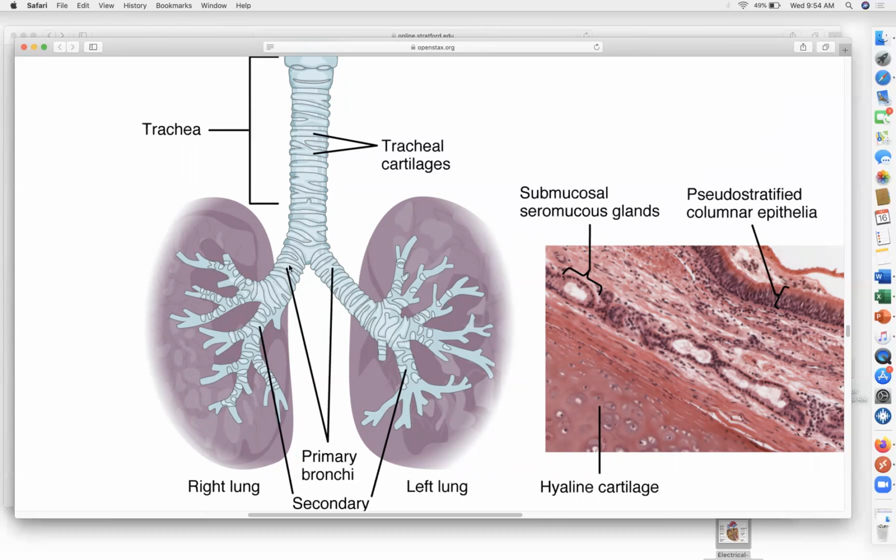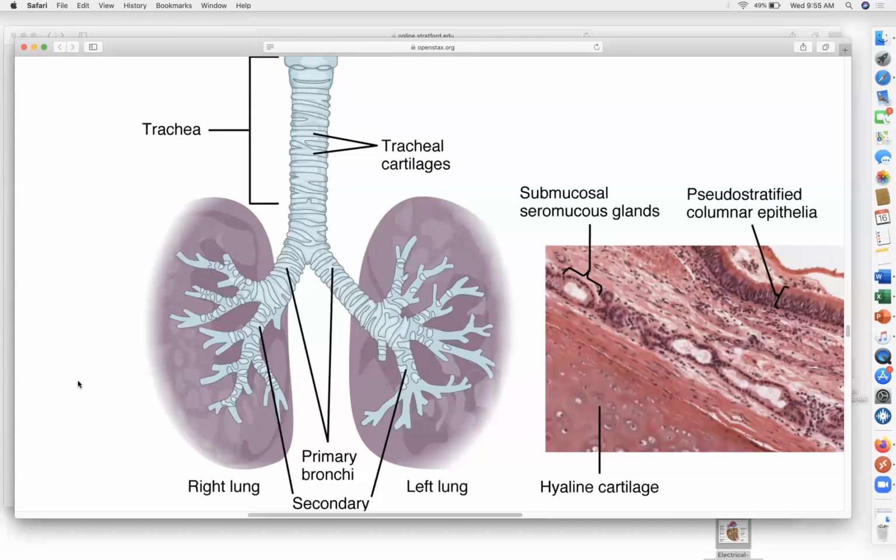Because if you'll notice here, the right side is a little shorter and a little bit steeper. So you can see how a foreign body can get in there. And a foreign body is not a good thing for the lower respiratory system, because it'll not only get in the way of gas exchange, which is really important to us, it will also spark an immune response.